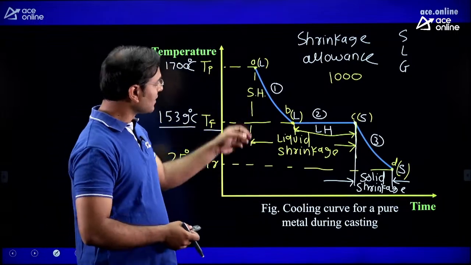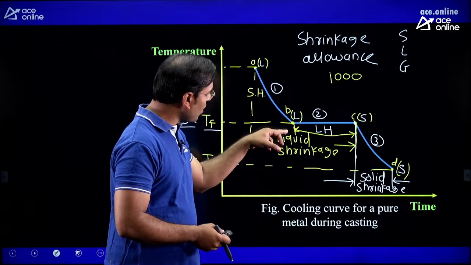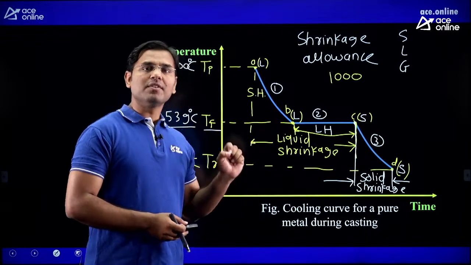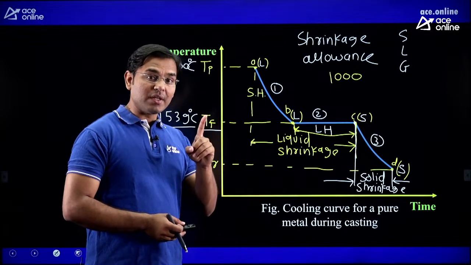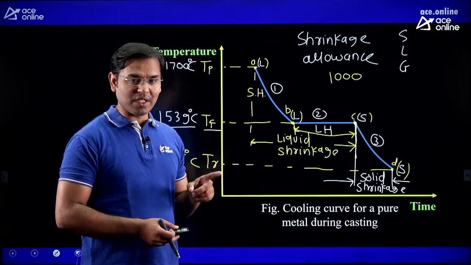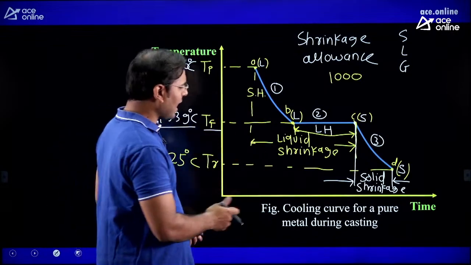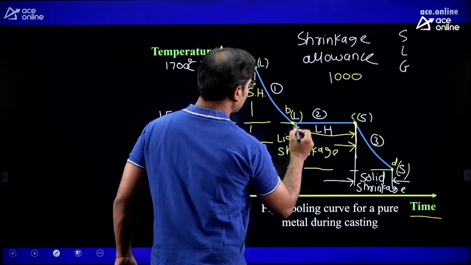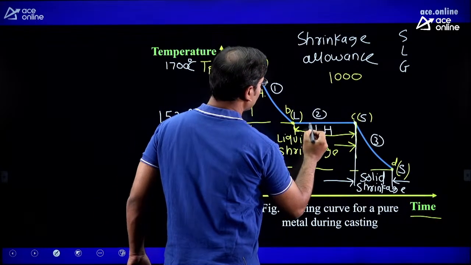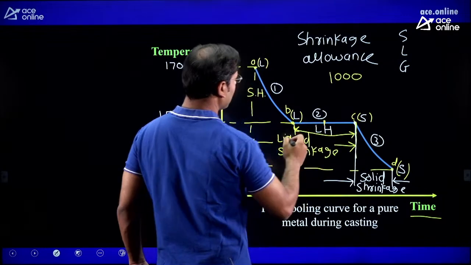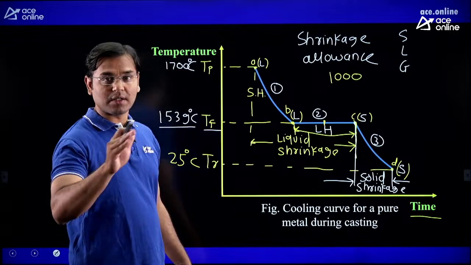Consider 1000 liquid drops at point B. Then at point B, out of 1000 drops, the first drop of liquid will convert into solid. As time goes on, the second, third, fourth, 10, 50, 100, 200, 500 drops will convert into solid at the middle, and 500 drops will still be in liquid form.